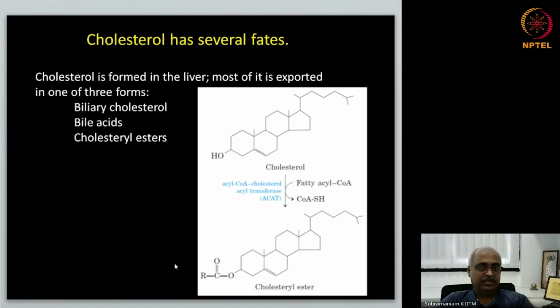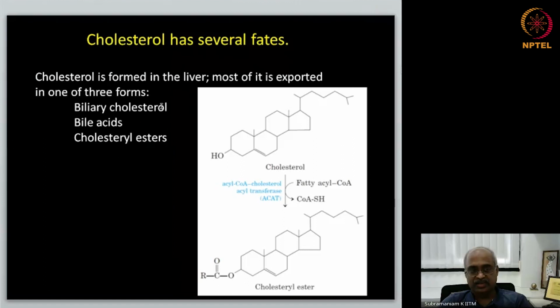So I'll backtrack a little bit and go from cholesterol. We saw squalene becoming cholesterol, and now what we are going to look at are the fates of cholesterol, like what happens to cholesterol. Remember, I used this word fate for pyruvate also when we finished glycolysis. So similarly here, what are the pathways into which cholesterol is going to enter?